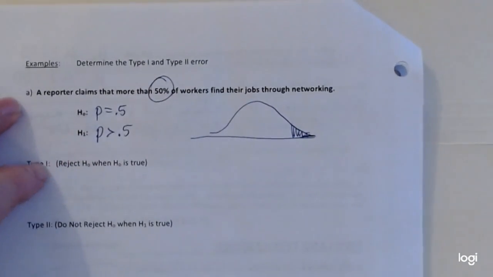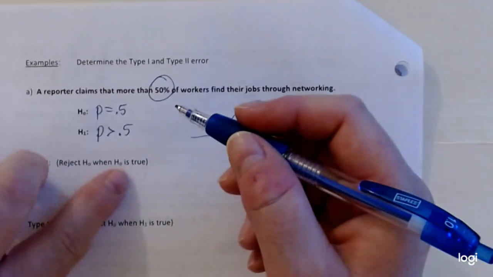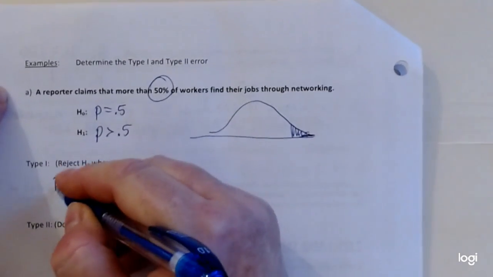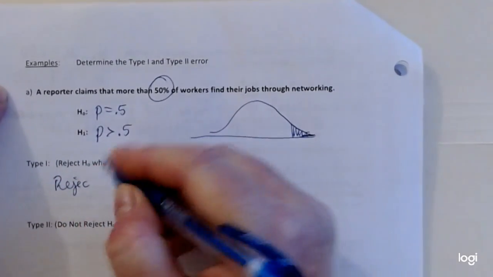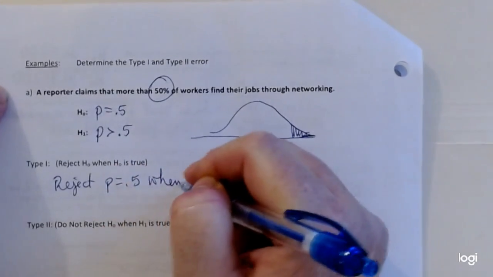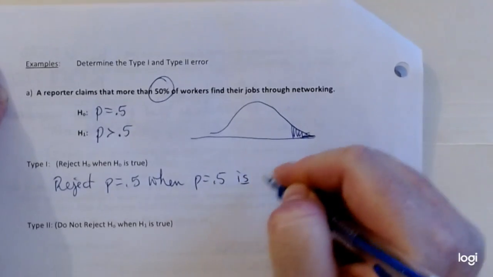And a type 1 is reject H naught when H naught is true. So we would reject P equals 0.5 when P equals 0.5 is true.